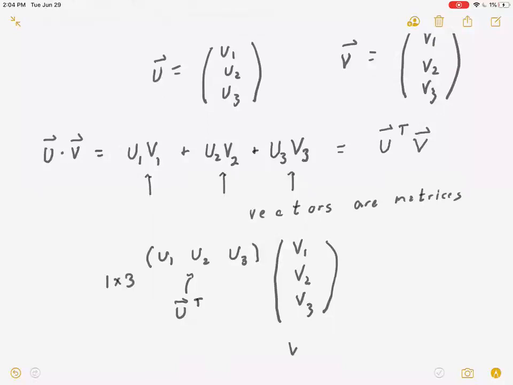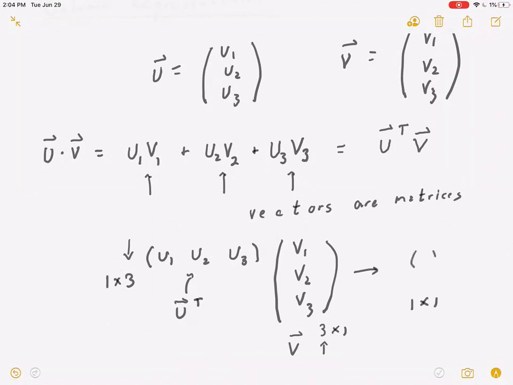This is V, and it is a 3x1 matrix. So you can do matrix multiplication. The rules are satisfied. The column index of the first matrix equals the row index of the second matrix. And you should get a 1x1 matrix.